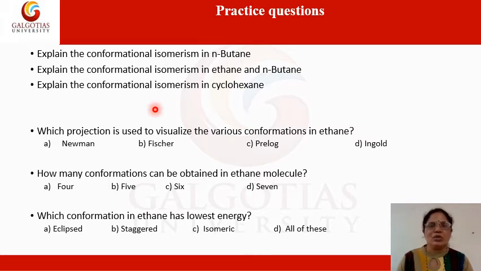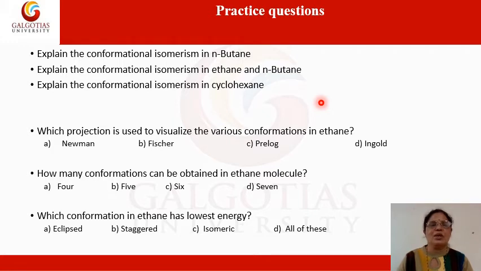We can also explain the names of the conformations, and finally we can compare the stability of these six different forms when they are twisted every time by 60 degrees. We also understood that in both ethane and butane there are the staggered and the eclipsed conformations. Eclipsed conformation is the least stable and the staggered conformation is the most stable conformation.